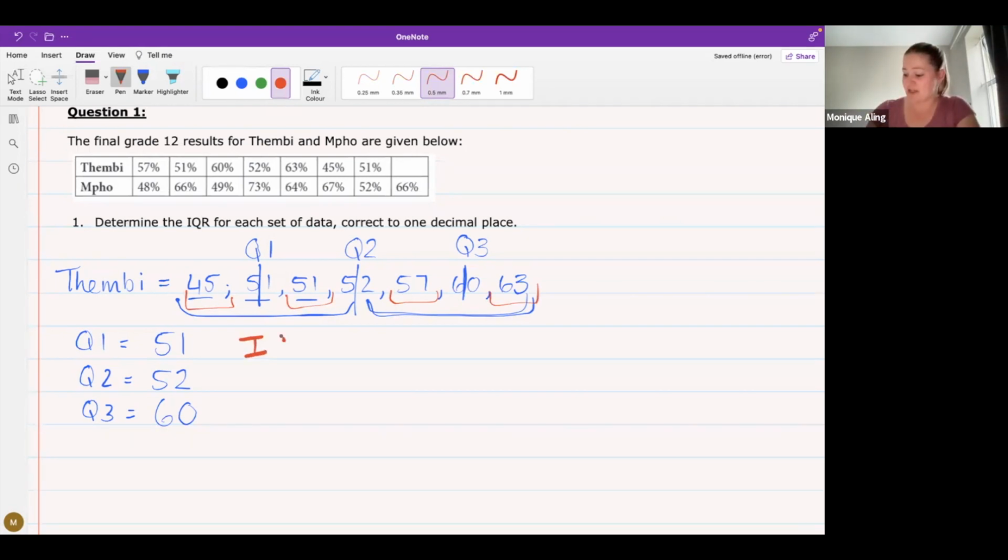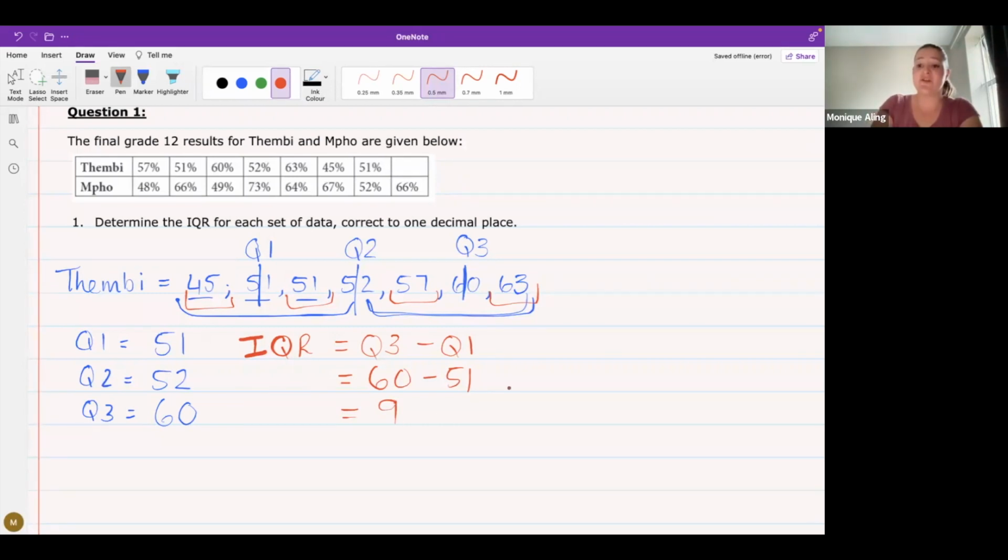Interquartile range is our Q3 minus our Q1. So our highest quartile minus our lowest quartile. So it's 60 minus 51. So our interquartile range is 9. Okay.